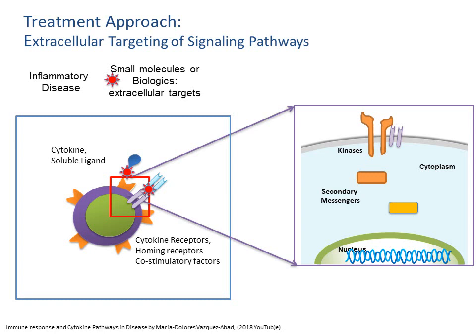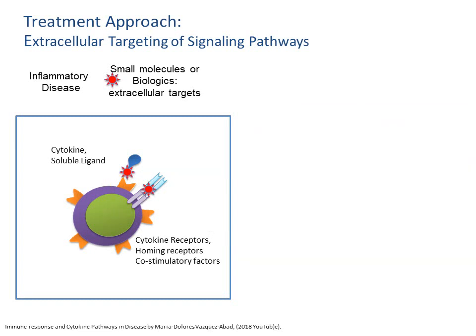And this is the way that many of these extracellular drugs have been developed and used successfully to treat different diseases. So an example of extracellular targeting is the list that I'm going to say is just examples, by no means exhaustive.